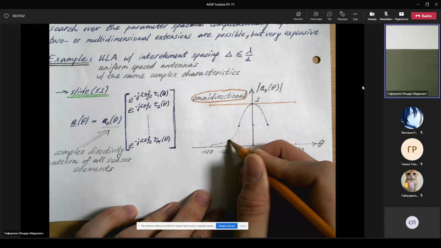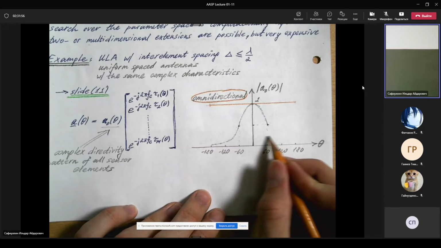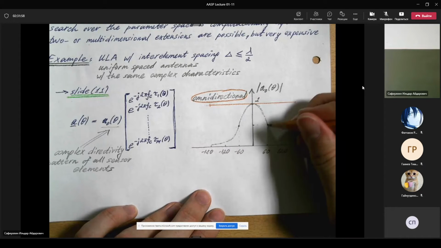So let's say this way, and the same symmetrical thing here.